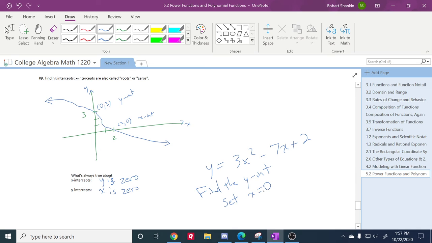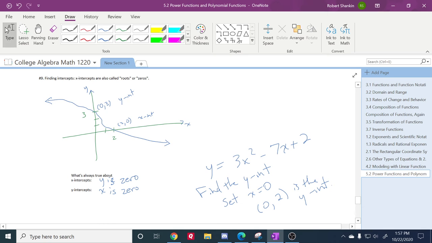That zeroes out the first two terms, and you get y equals 2, so (0, 2) is the y-intercept. We get the y-intercept by setting x to be 0, and vice versa.